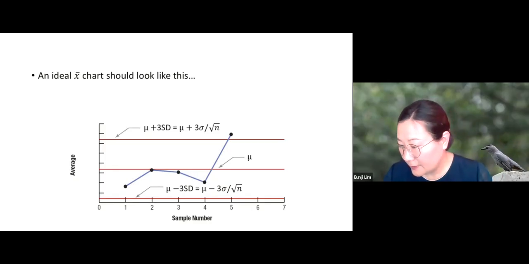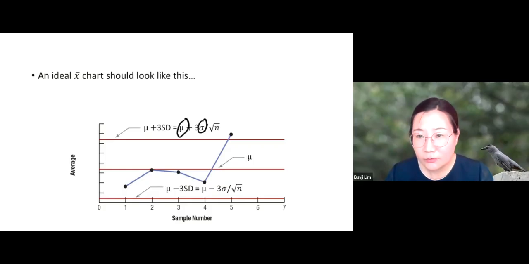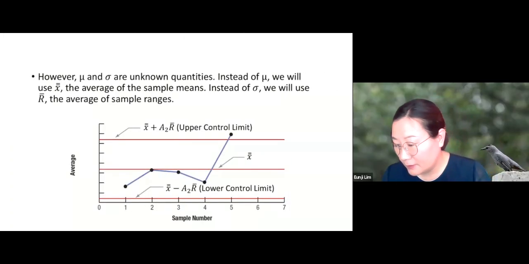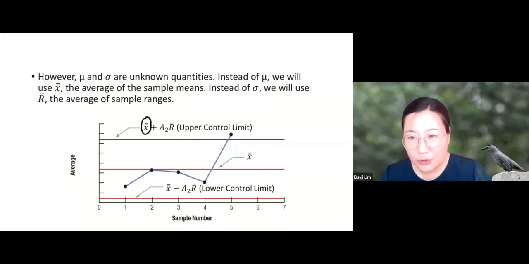In this formula, we have mu here, we have sigma here, but these are unknown quantities, right? So how can we estimate them? Instead of mu, we're going to use x double bar, which is the average of all the sample means.